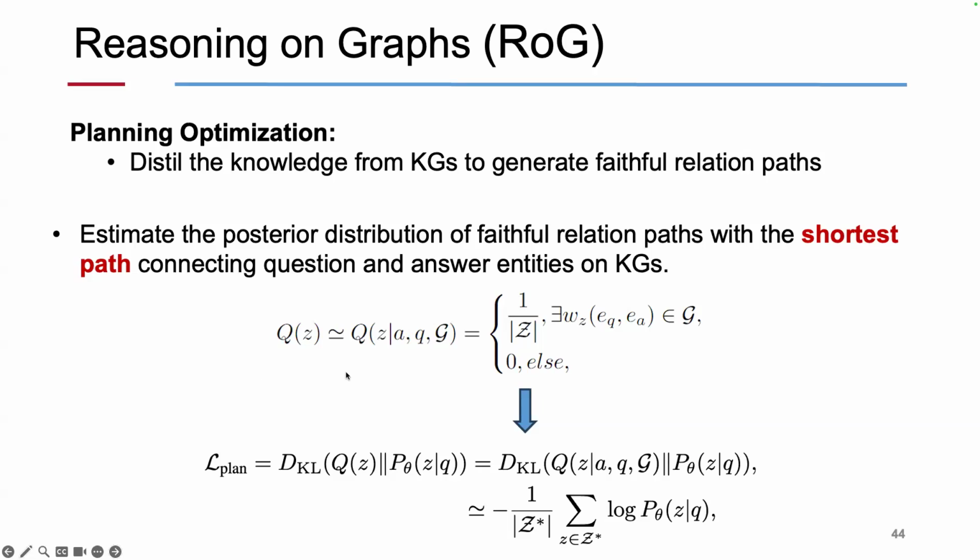We estimate the posterior distribution with the distribution of the shortest paths, so that we can minimize the KL divergence between the posterior distribution and the plans generated by the large language model. Here, we have a set of shortest paths as faithful plans, and we want the large language model, given the question, to generate these plans correctly. That is the planning optimization.